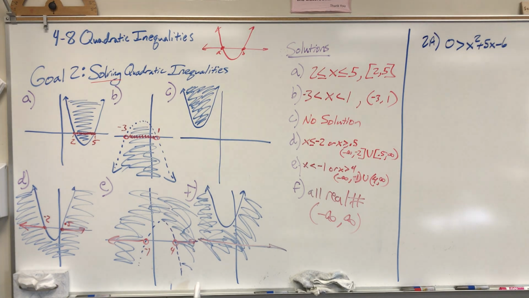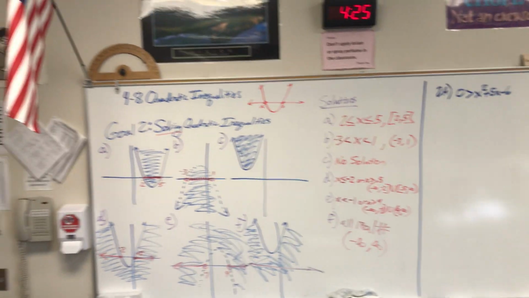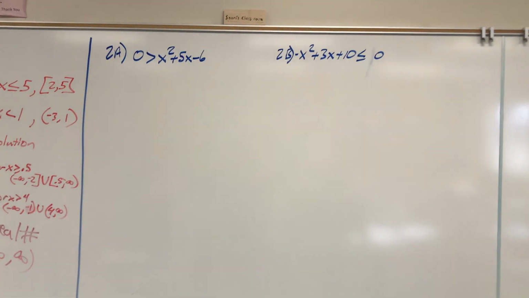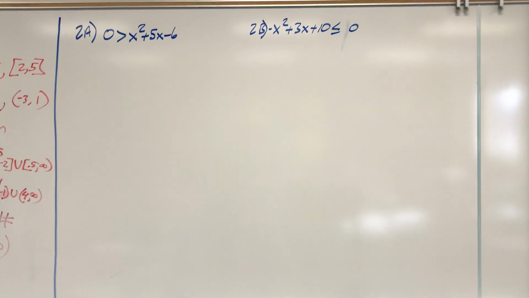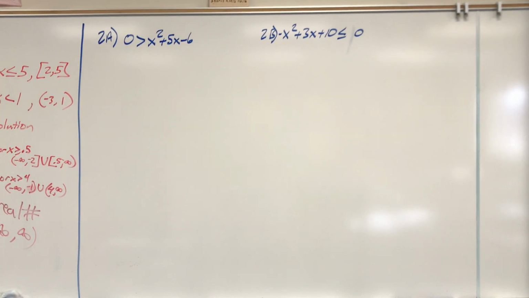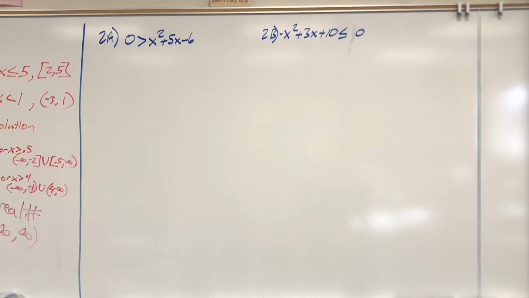Okay, let's do a couple example problems. I've got them written over here on the other side of the board. Okay, so here you're given a quadratic inequality, and it's asking you to solve by graphing. So just like we graphed in example 1, we're going to graph these as well.